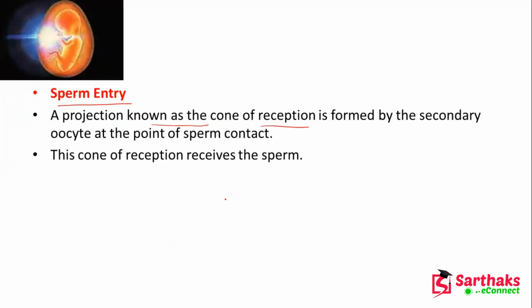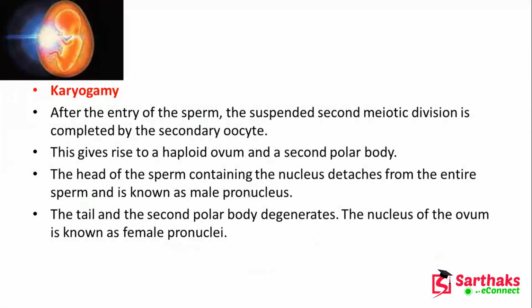Now sperm entry. A projection known as the cone of reception is formed in the secondary oocyte at the point of sperm contact, and this cone of reception receives the sperm. Then karyogamy.